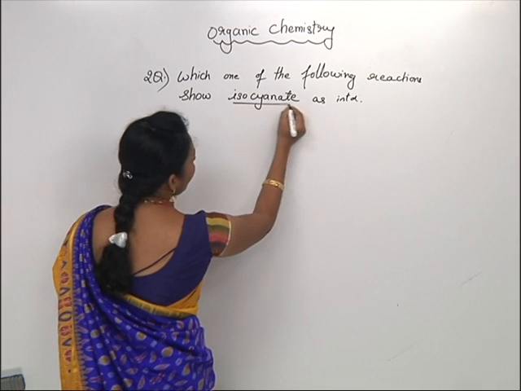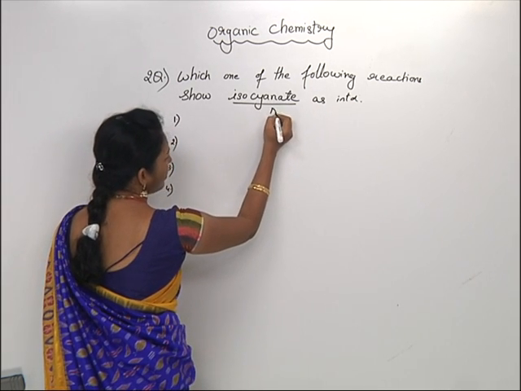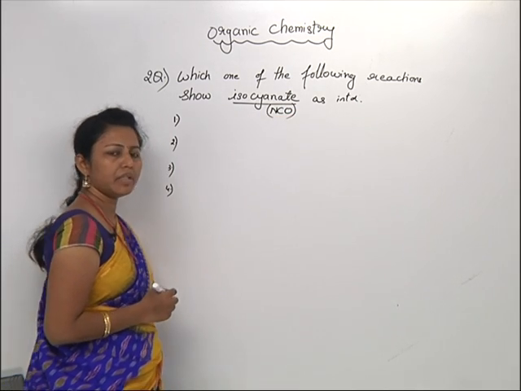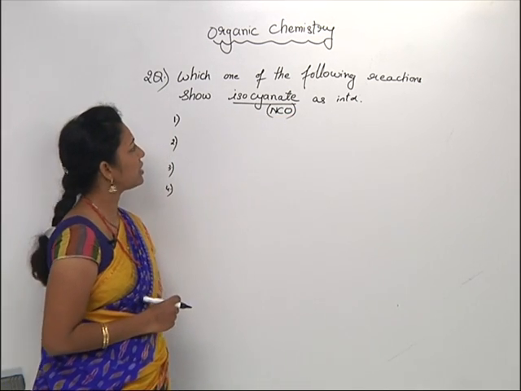What will this isocyanate be? NCO, we will call it the isocyanate intermediate. So in which of the following reactions will that intermediate be produced?